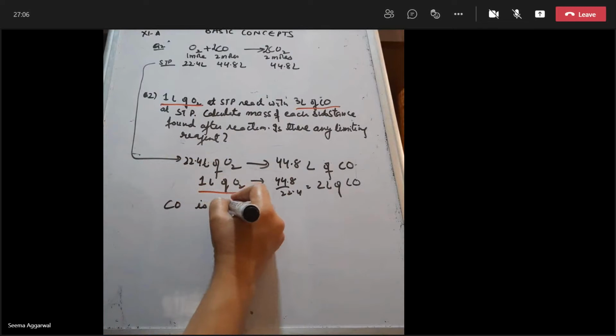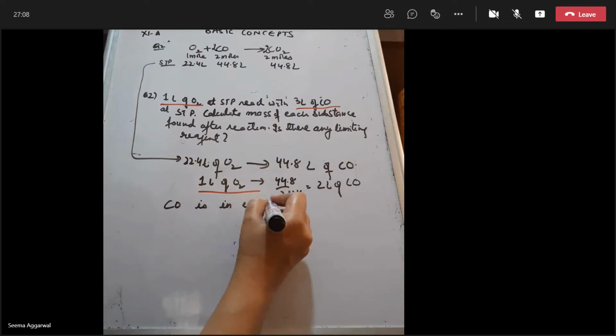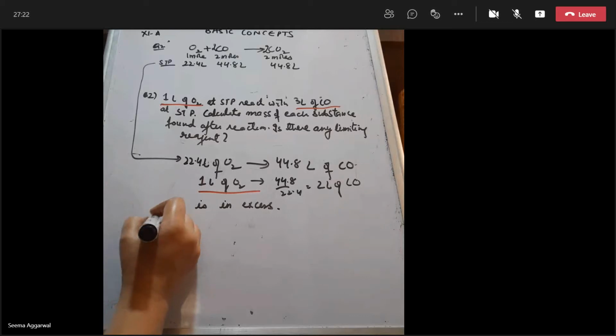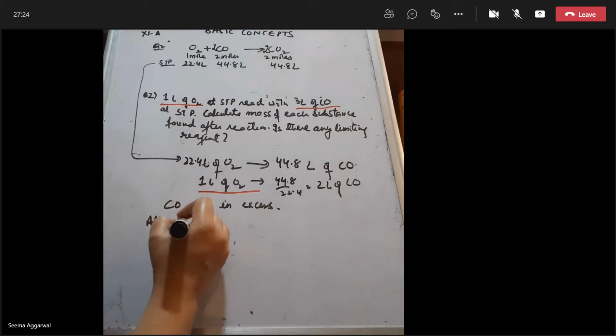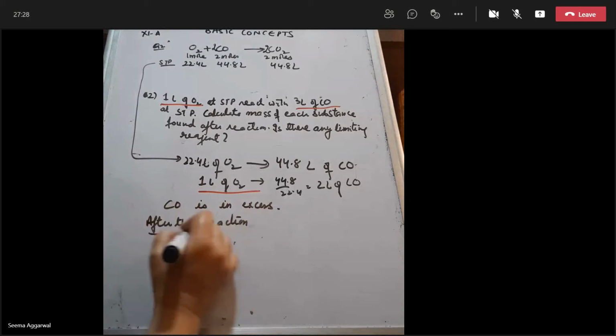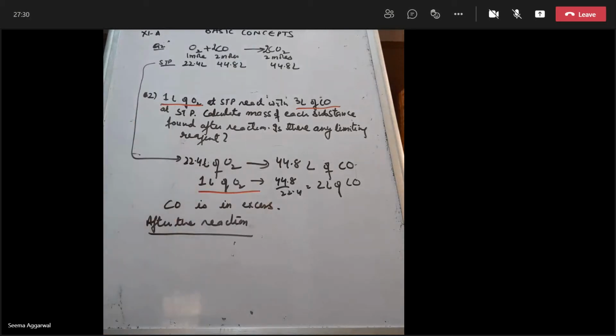So carbon monoxide is in excess, first thing. Okay, now someone else. Siddhant Sharma. Siddhant, now my question is: calculate the mass of each substance found after the reaction. Okay, let's see what is the volume after the reaction, when the reaction is over. After the reaction, is there any oxygen left?